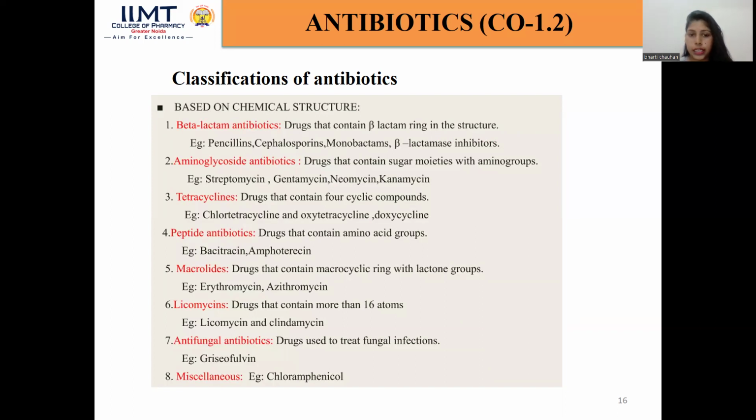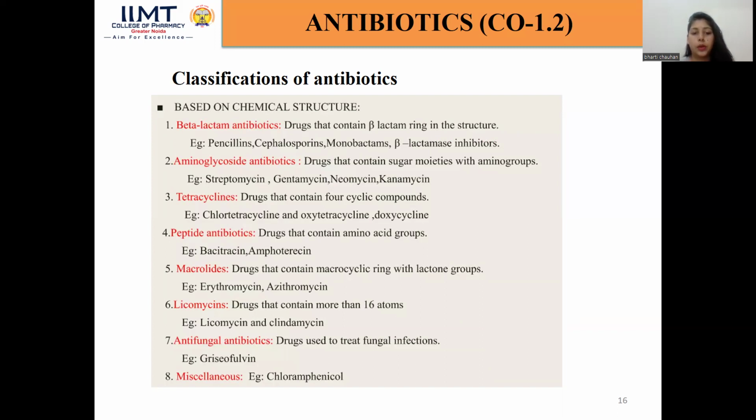Third is tetracyclines, which contain four cyclic structures in the compound, which are chlortetracycline, oxytetracycline, and doxycycline. Fourth is peptide antibiotics, drugs that contain amino acid groups with peptide bonds. Examples, bacitracin, amphotericin.